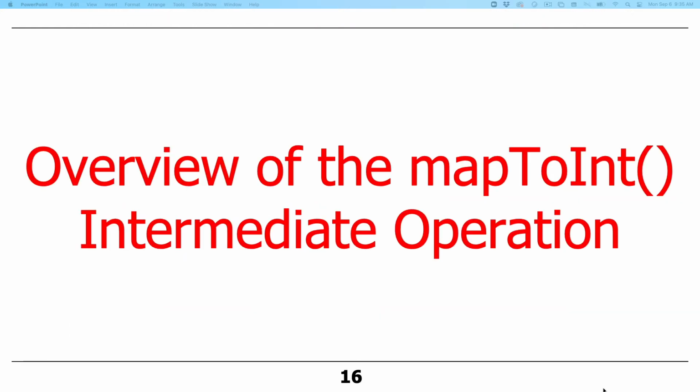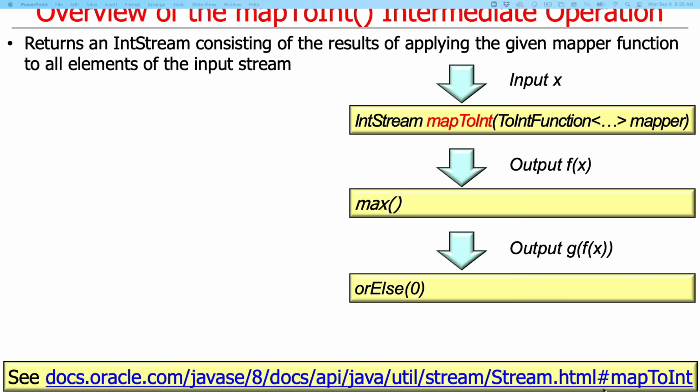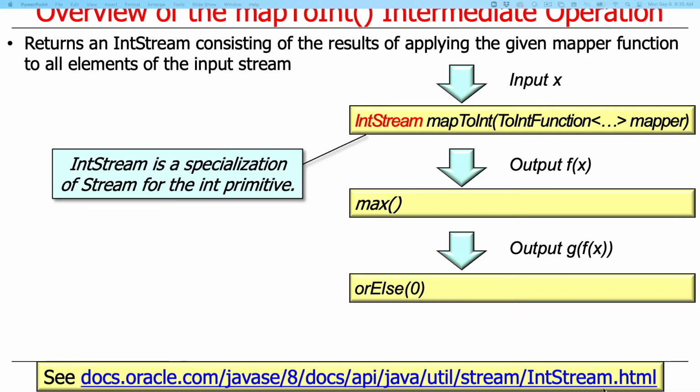There's a slight variant of map called mapToInt, and this returns a so-called IntStream that consists of the results of applying the given mapper function to all the elements of the input stream. And the main difference is that an IntStream is a specialization of stream for the built-in int primitive.